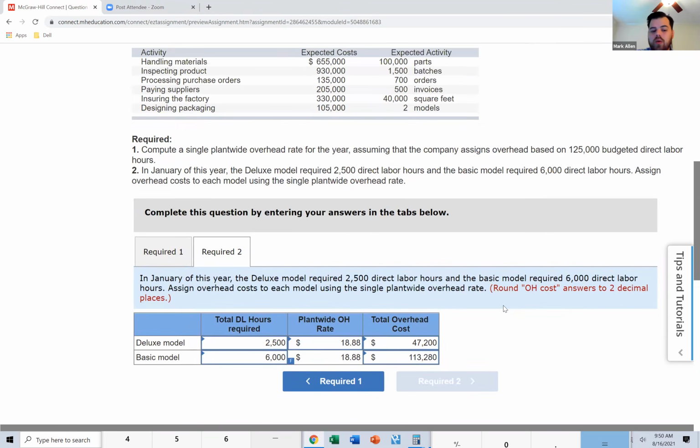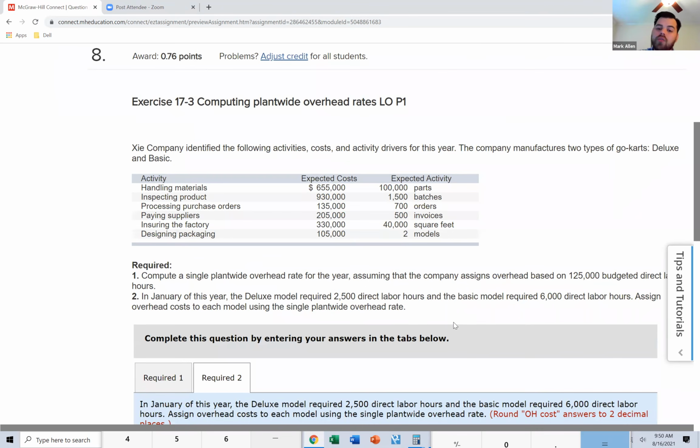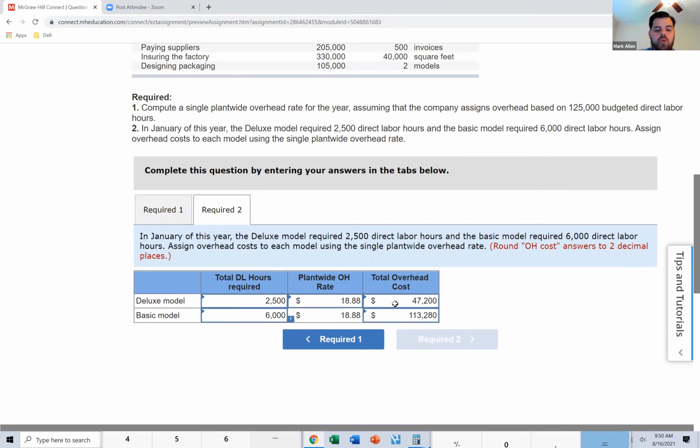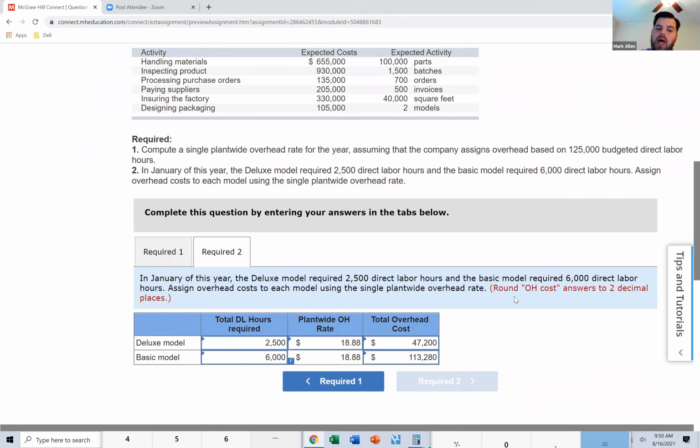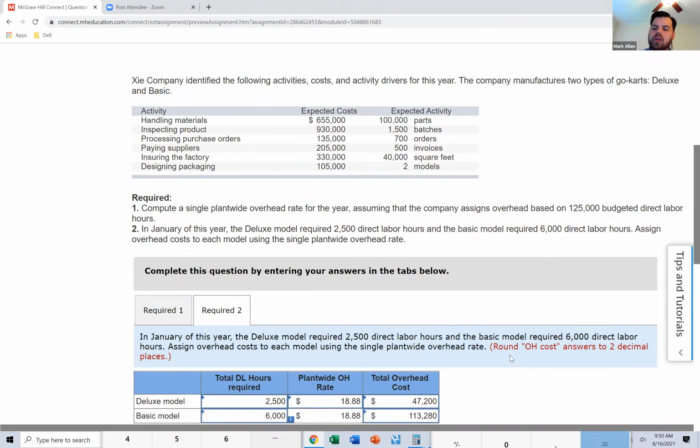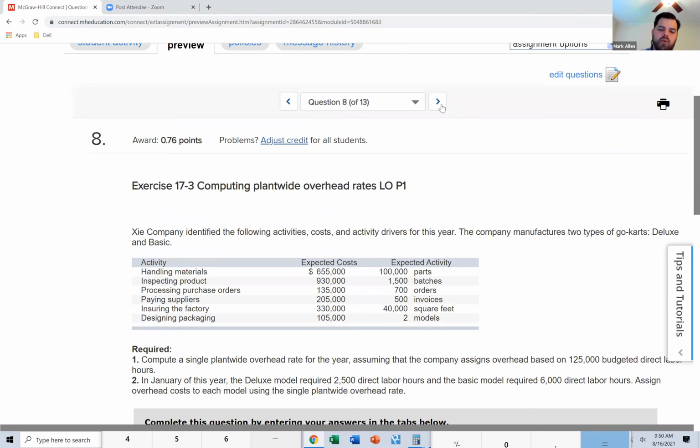But in this case, we were asked for the plant-wide overhead rate, so all we can do is come in and do that. This is the way that this method works, and this is GAAP compliant once again. It complies with US GAAP, but you can tell from our basic discussion that it might not be the most accurate. It could lead to me making some pretty poor decisions.